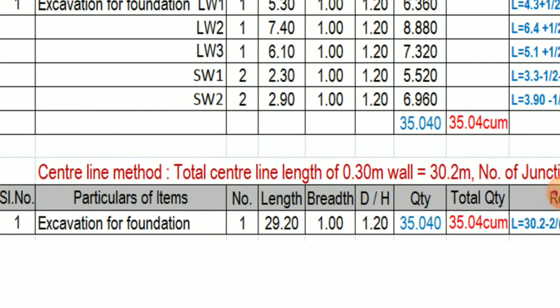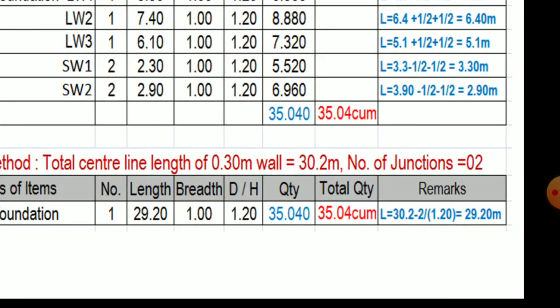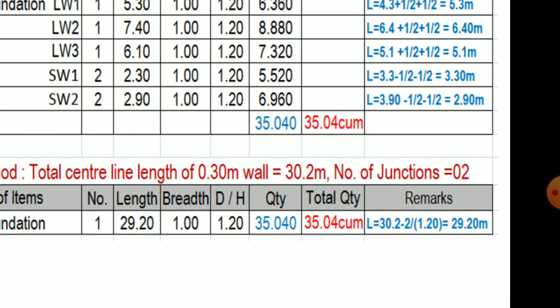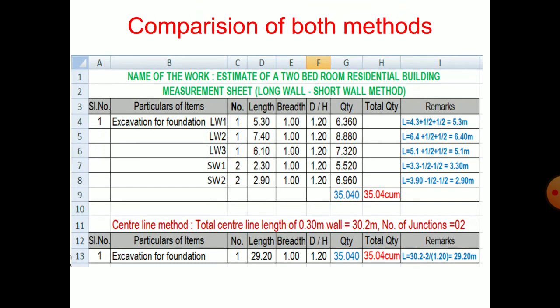I only have to calculate the total centerline length of all the walls and identify the number of junctions. Like this you can adopt this method for all the items such as bed concrete in foundation, UCR masonry in foundation, UCR or CR masonry in plinth, burnt brick masonry in superstructure, burnt brick masonry in parapet, RCC lintels, and the damp proof course in plinth.